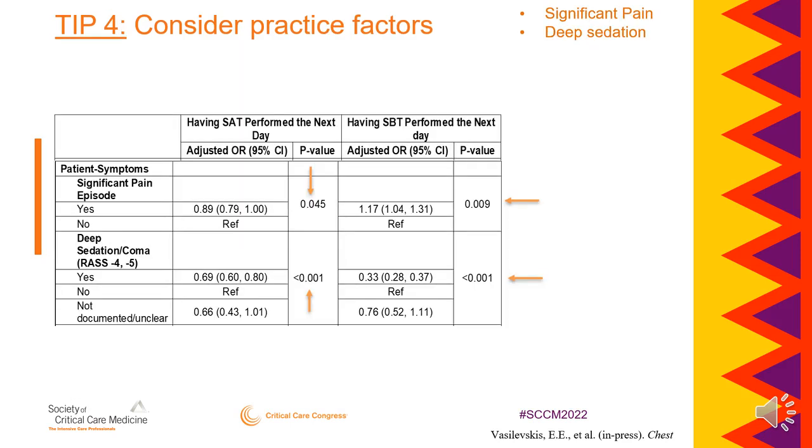We also want to consider some practice factors, right? So we talked about significant pain a little bit, but we did find that having an episode of significant pain was associated with a lower chance of having that SAT performed the next day, but a higher chance of having that SBT. Pretty consistent.